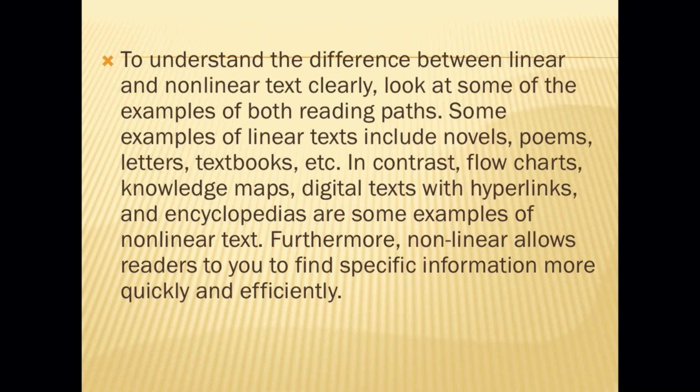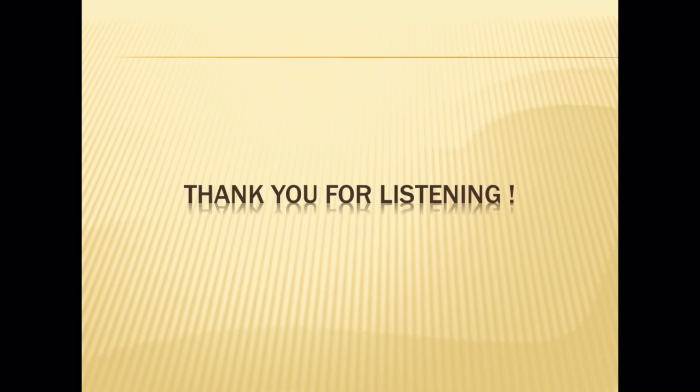So to understand the difference between linear and non-linear text clearly, look at some of the examples of both reading paths. Some examples of linear text include novels, while hyperlinks, digital text, and encyclopedias are examples of non-linear text, and it allows the readers to find specific information more efficiently and quickly.